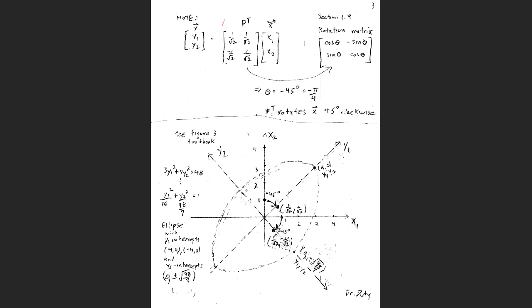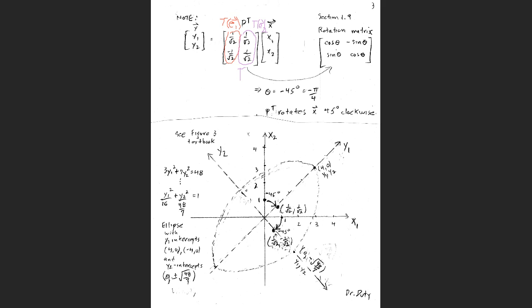These vectors here, the transformation matrix has column vectors that consist of the transformation of the E1 vector, and then I'll put it above, the transformation of the E2 vector.